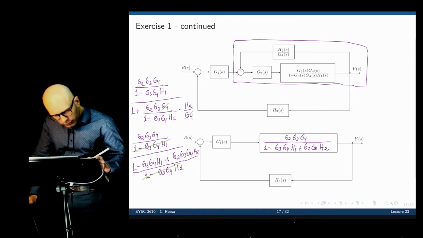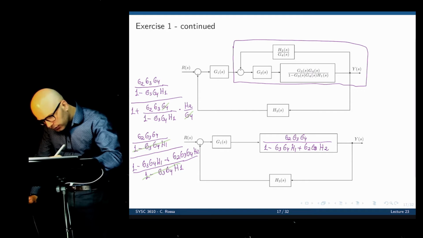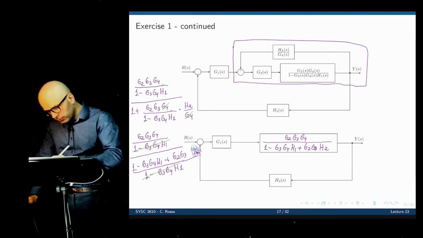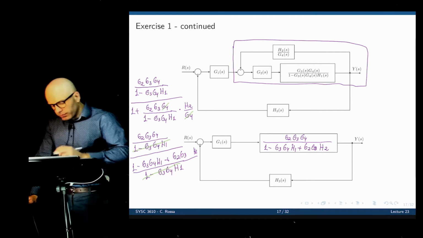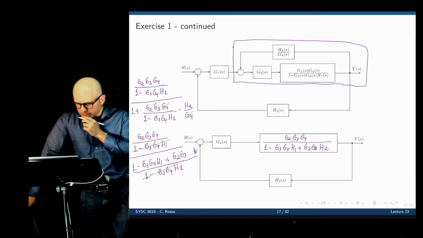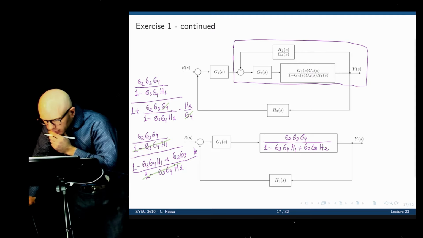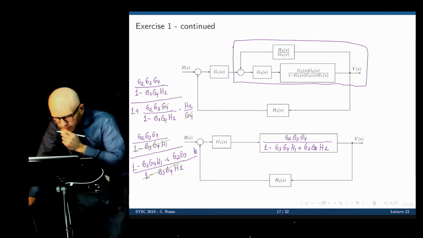Yes, this G4 here is extra. Let me just double check to make sure that I made no other mistake. It's so easy to make a mistake with these things. Yeah, this looks good now.